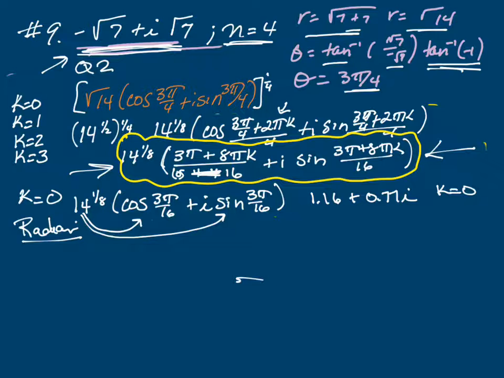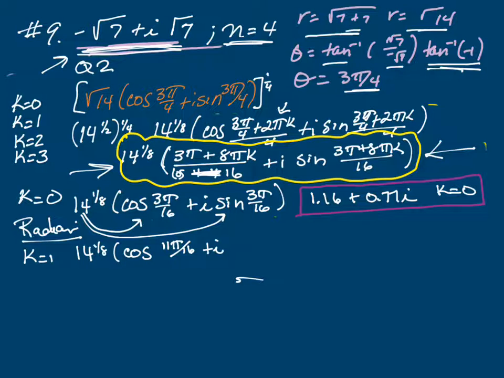So let's say here's the answers. I'm going to put them in purple. 1.16 plus 0.77i. That was for k equals 0. All right, now when k equals 1, I have 14 to the 1/8. And now going back to my yellow formula, I have cosine of 3 pi plus 8 pi, so that's 11 pi over 16 plus I sine 11 pi over 16.